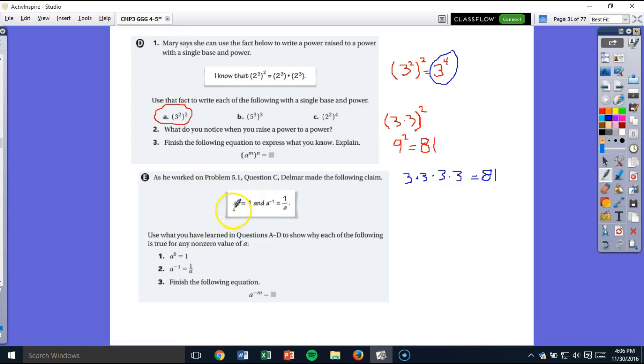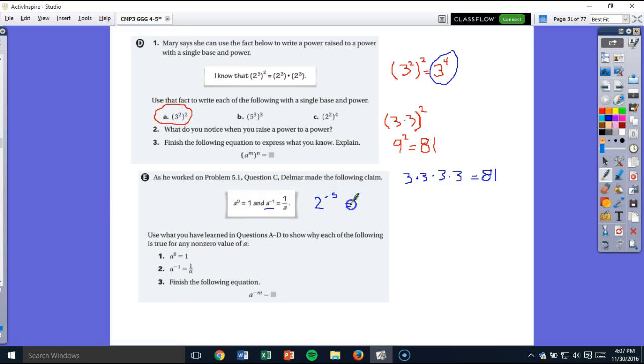Now on E, we've already talked about a to the 0 equals 1, anything to the 0 equals 1. And now we're learning that a to a negative integer means that we are going to invert that number and turn the exponent positive. So to give you a better example, let's say we had 2 to the negative fifth.